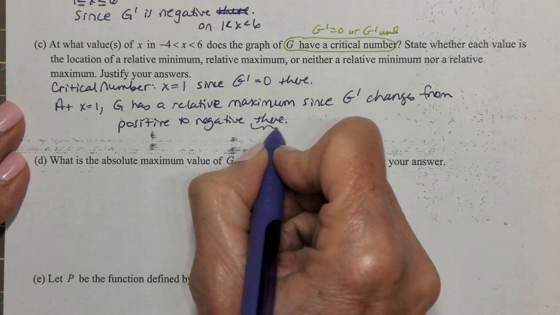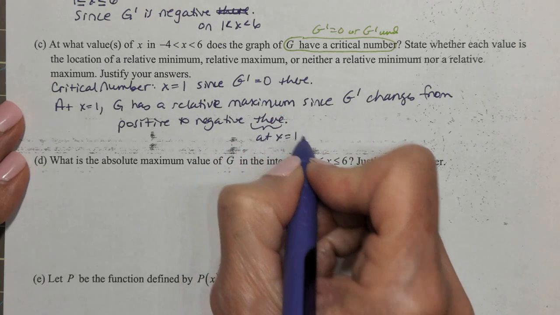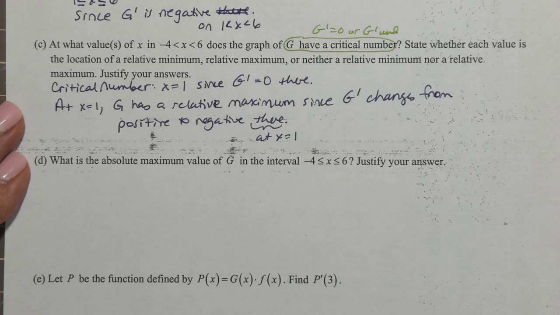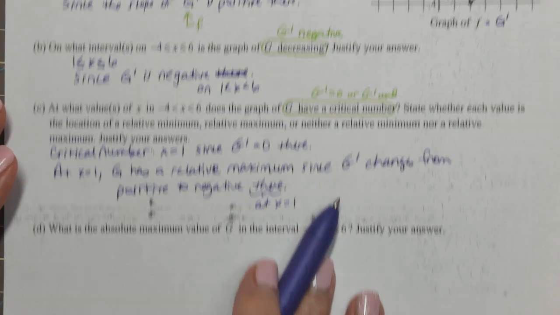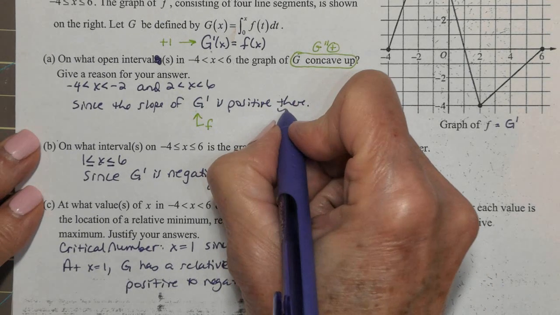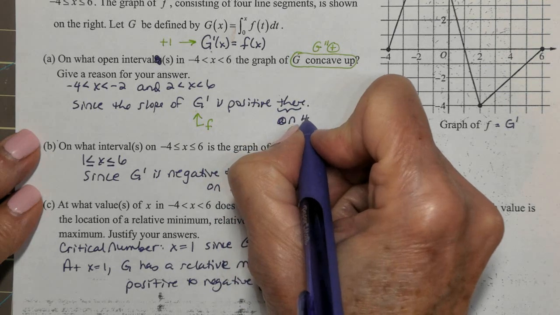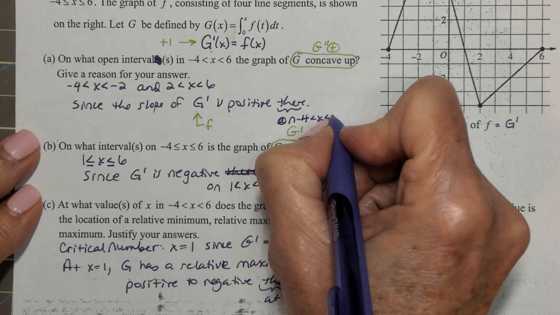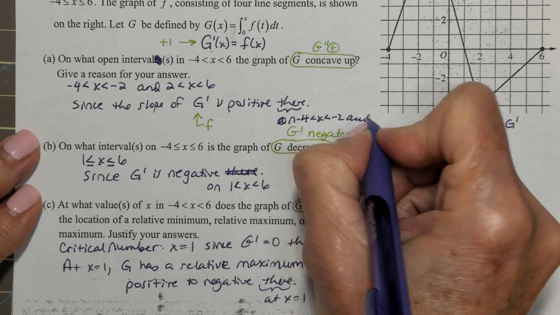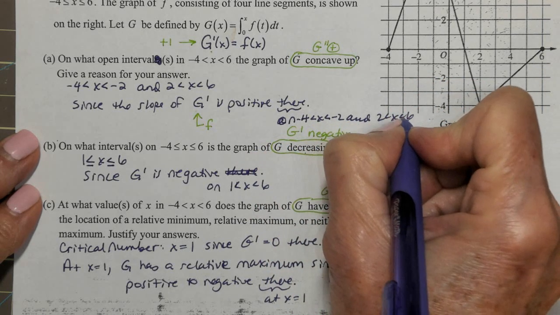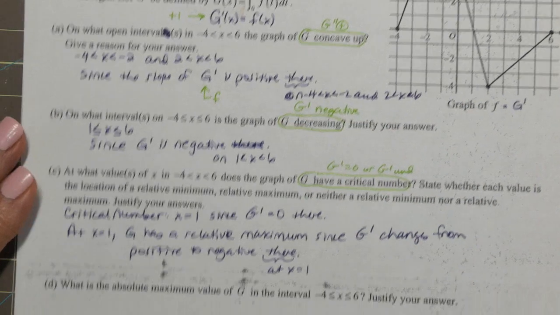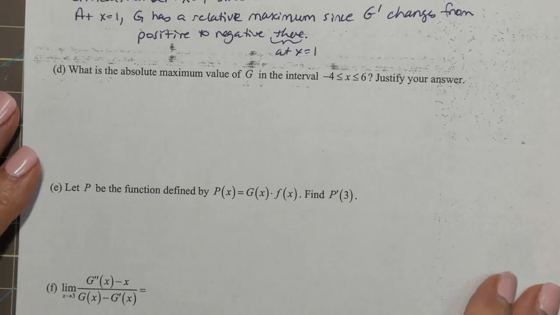You could also say at x equals 1. You could always do that. Some kids don't like the term there, you could always just repeat those intervals. Okay? If you don't like the word there, the term there.